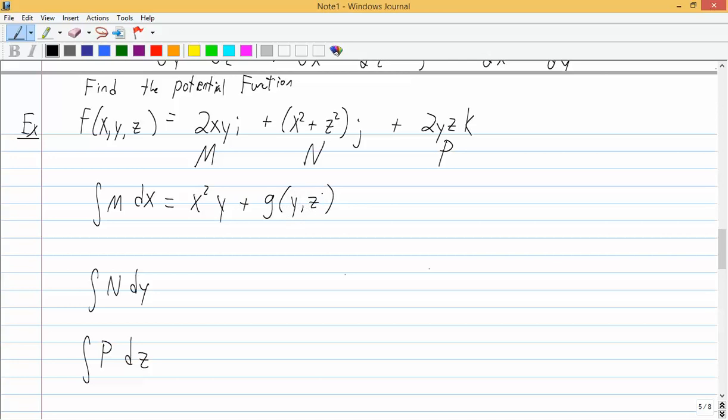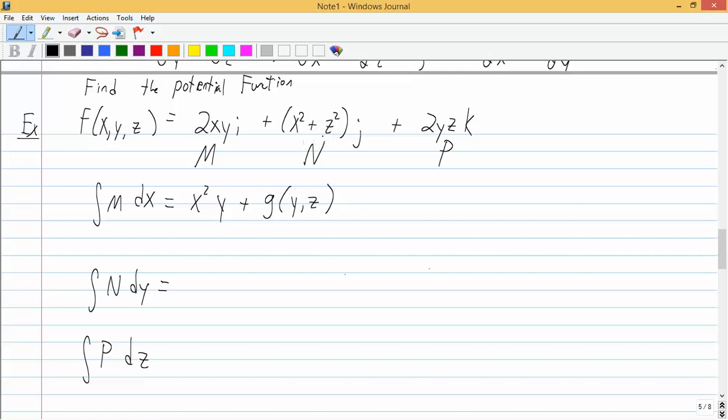You keep saying y and x, but you're writing y. I meant y and z, sorry. If I said x, I meant z. Usually we have plus g of y here, but since it's two variables here that we have to deal with, we have a function of y and z.